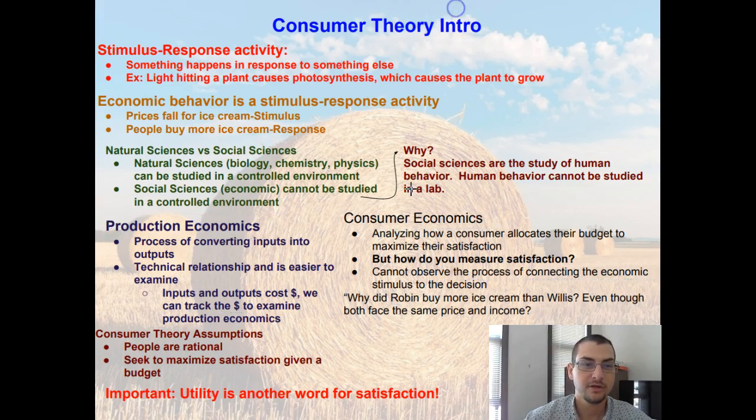So as we go through here, we're going to talk about some of the assumptions of consumer theory, that very first assumption, that whenever we make these assumptions we need in order to make our consumer theory hold true. Because we can say that within the law of demand, as prices rise, people will buy less of that particular good. Or as prices fall, people buy more. And that's indicated up here under this economic behavior. And that's a law.